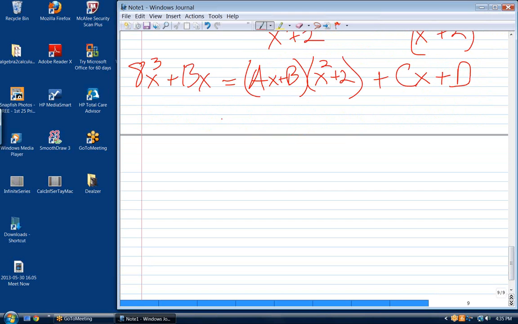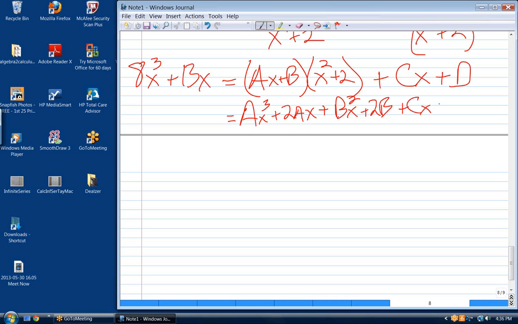We're going to go ahead and distribute this. And after distribution, I get ax cubed plus 2ax plus bx squared plus 2b plus this cx plus d.